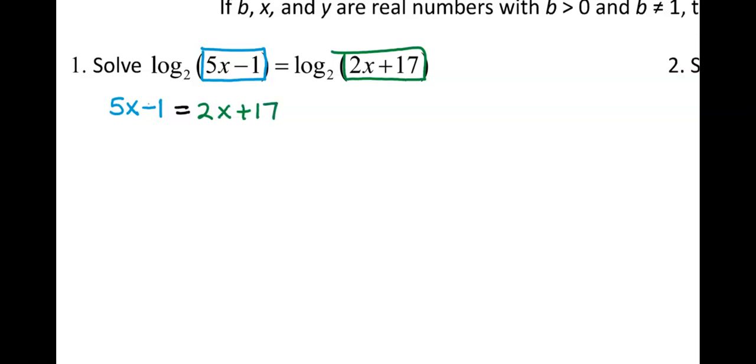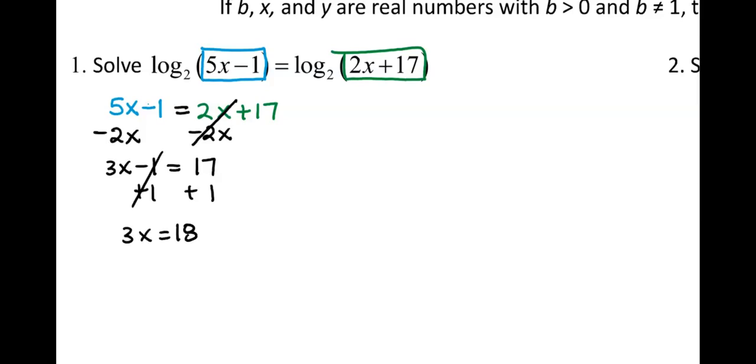So now we have simplified this equation from a logarithmic equation to a simple linear equation that we can now solve. I'm going to subtract 2x from both sides, leaving me with 3x minus 1 is equal to 17. I'll then add 1 to both sides to get that 3x is equal to 18, and divide both sides by 3 to get that x is maybe equal to 6.